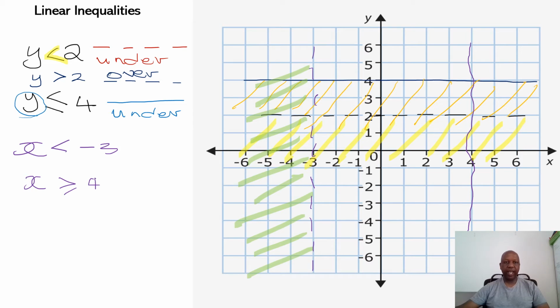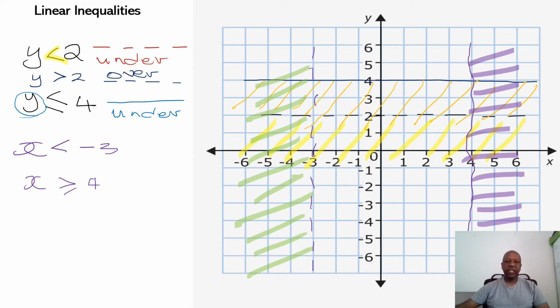We are looking for where x is bigger than or equal to 4. So it will be all that space on this side here. Okay, so far so good.